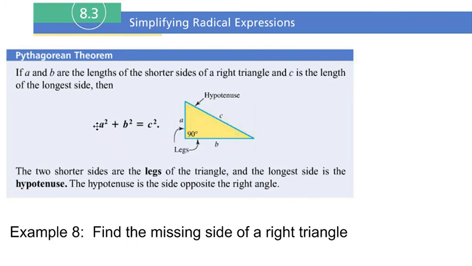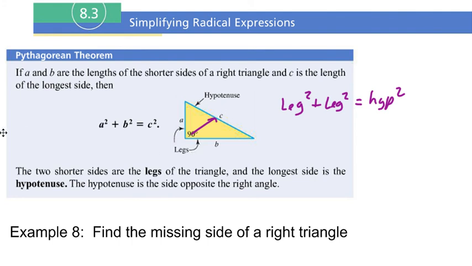Basically, the a and the b you can replace with leg squared plus leg squared, which is the way I like to write it. So it's not a, b, and c, but specifically leg squared plus leg squared equals hypotenuse squared. And the hypotenuse is always the side opposite of the 90-degree angle.